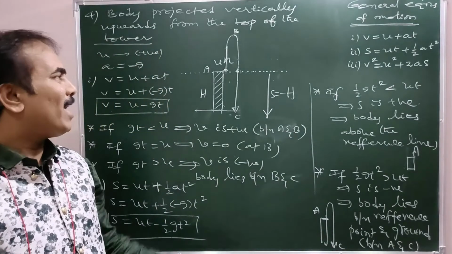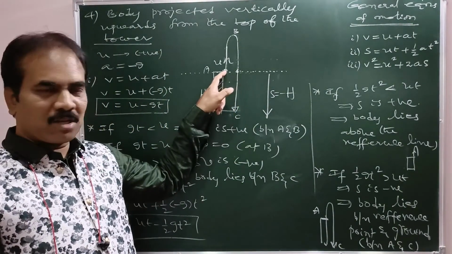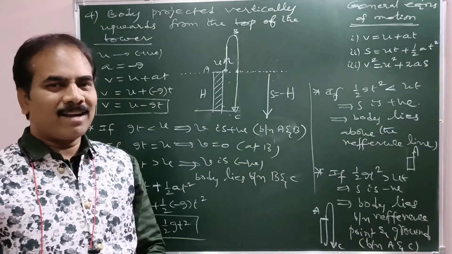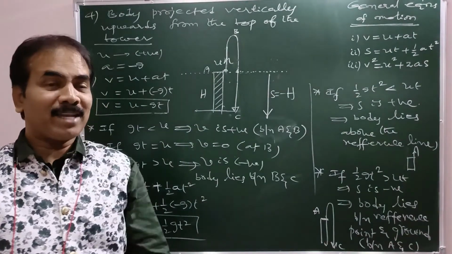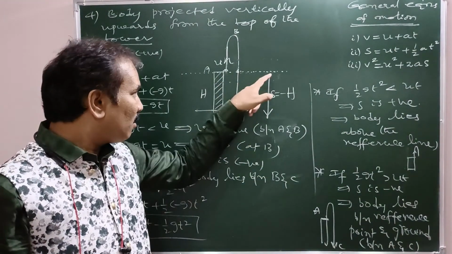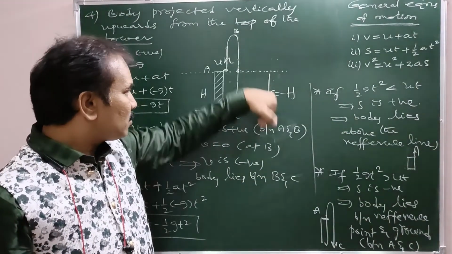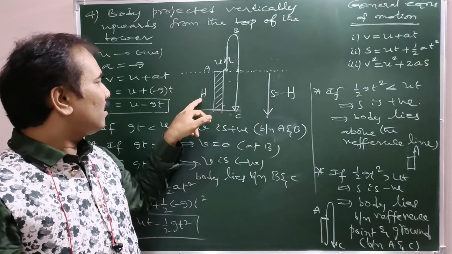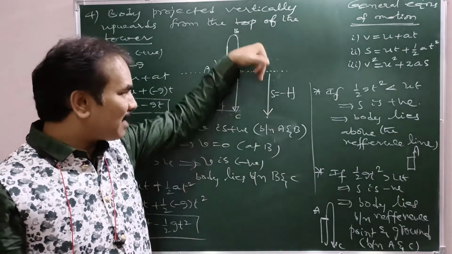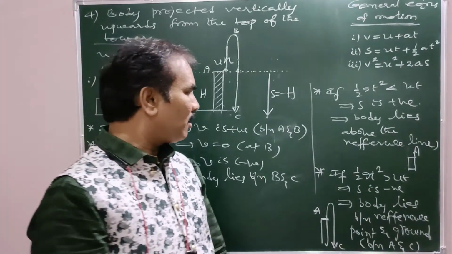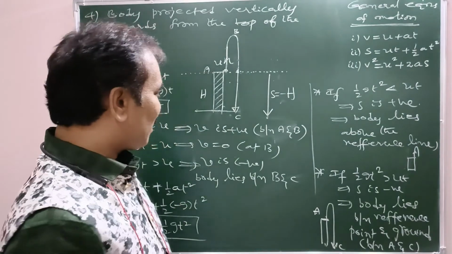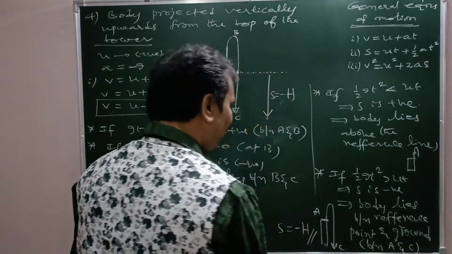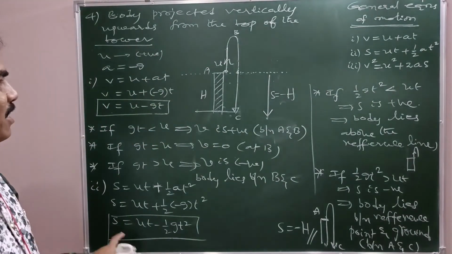Whatever the path, neglect the total path, but take a line segment from initial position to final position. That is h, but with a negative sign. Why? Because it is lying below the axis. So s becomes minus h, the height of the curve. Right? So this is s equal to ut plus half h.